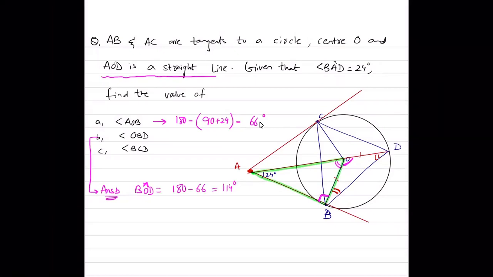So if this is 114 degrees, then 114 plus 2 times OBD is equal to 180, and from here I can find OBD as 180 minus 114 divided by 2, which is 33 degrees.